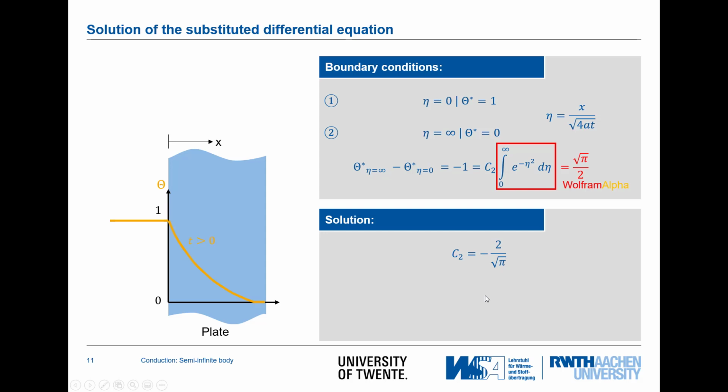So now we have the solution, C2 is equal to minus 2 divided by the square root of pi. The next step is to write our equation. The dimensionless temperature in dependence of eta is equal to 1 minus 2 divided by the square root of pi, that's the C2, times the integral from 0 to eta of the exponent of minus zeta squared d zeta.